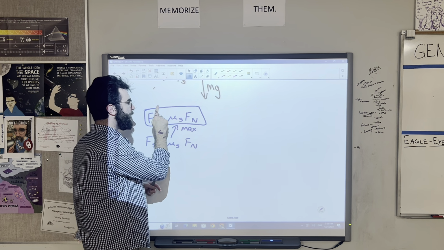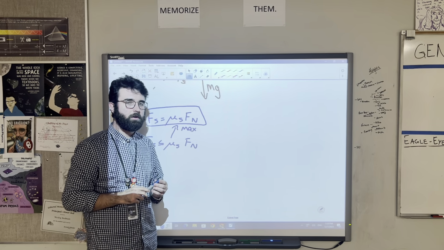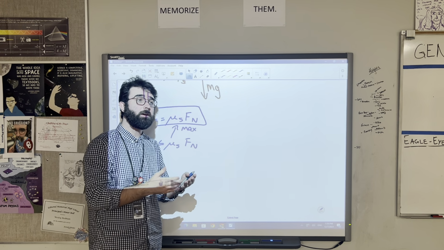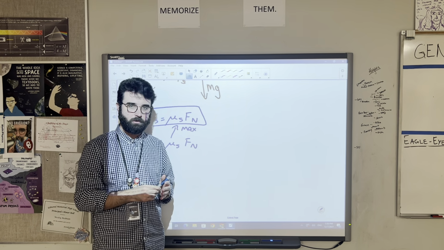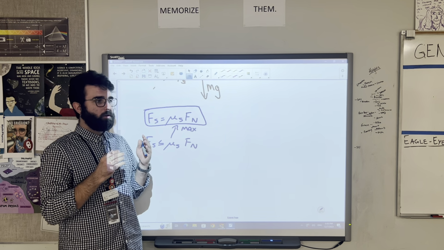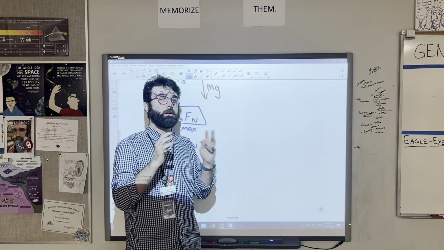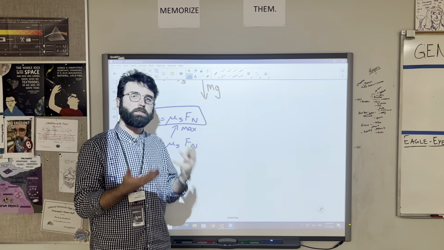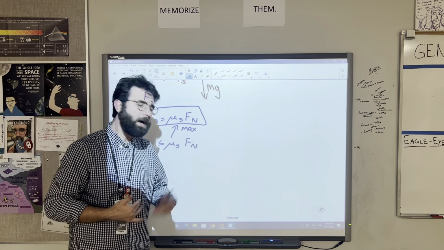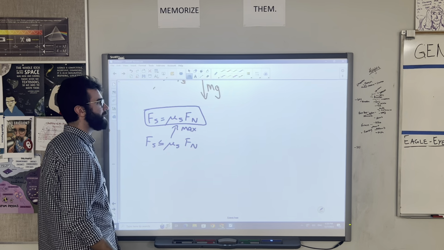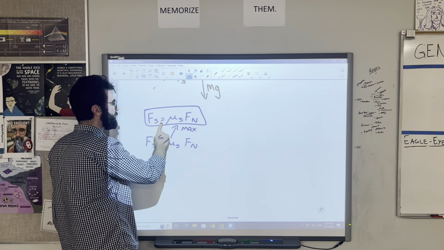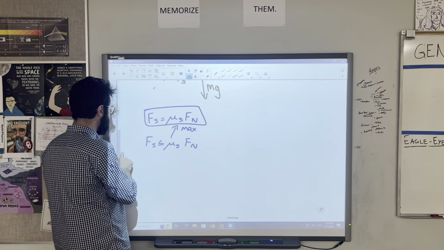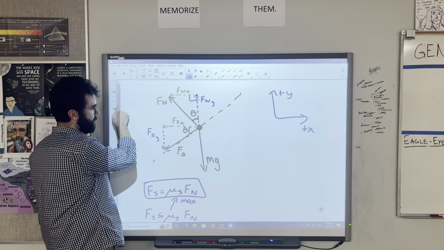We are dealing with the maximum value of static friction that can be sustained by the minimum value of the coefficient of friction. So we are looking at, with a given coefficient of friction, the maximum value of friction that it can sustain. Again, don't get too caught up in the weeds on that. Maybe think about it for a second. It's just basically allowing us to set F sub s equal to mu sub s times the normal force.